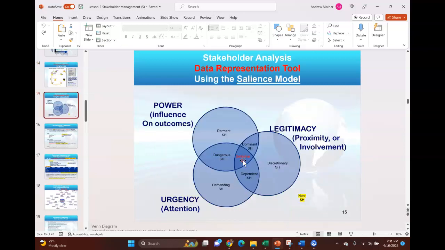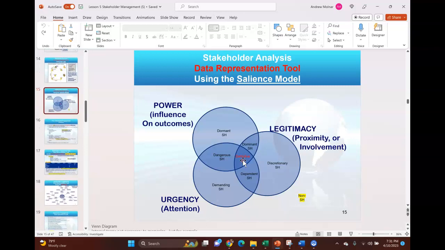Now, besides the cube and the grid, we also have what's called the salience model. And really, it's three circles: a power circle, a legitimacy circle, and an urgency circle. You'll define each stakeholder's power, legitimacy, and urgency.